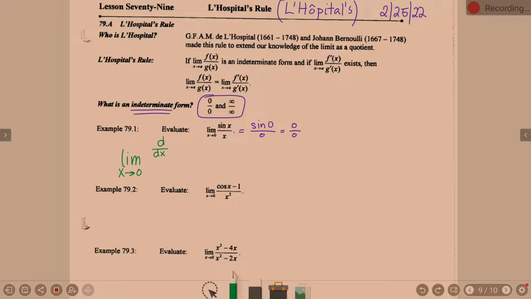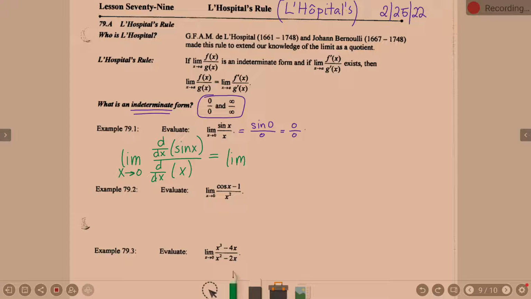So I'm going to write this as d dx of sine x, the derivative of sine x with respect to x. And then on bottom, we're going to do the derivative of x with respect to x. I won't necessarily write it in that form every time, but for today's purposes, I'm just trying to show you that's what we're doing. Because we got that indeterminate form of 0 over 0, we're taking these derivatives.